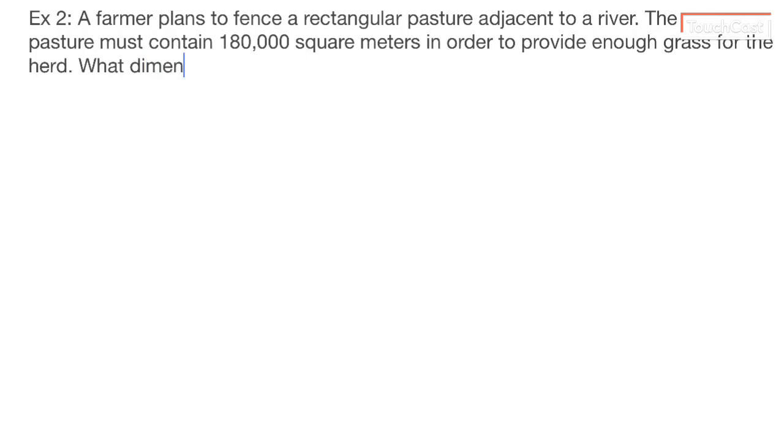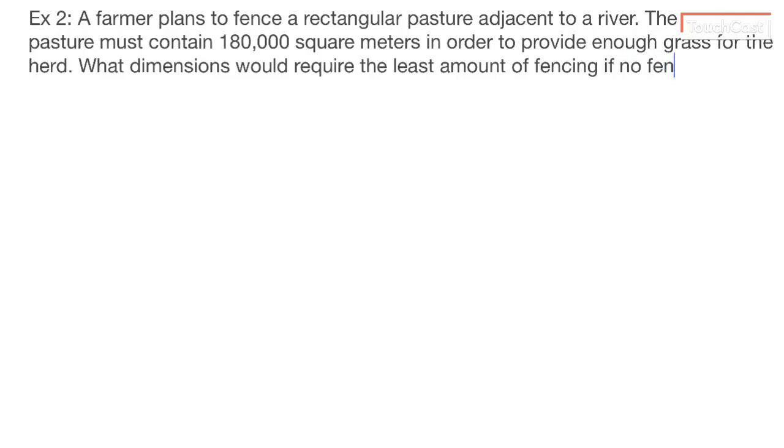What dimensions would require the least amount of fencing if no fencing is needed along the river?